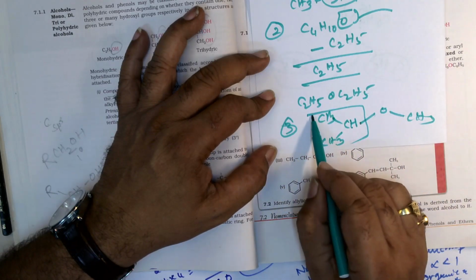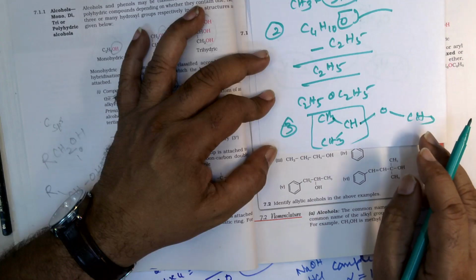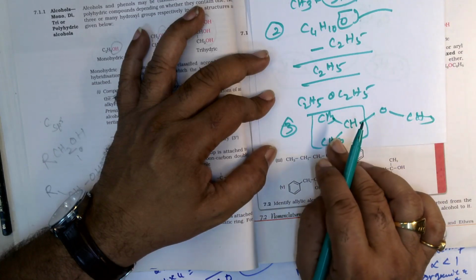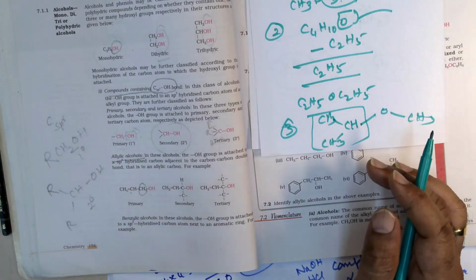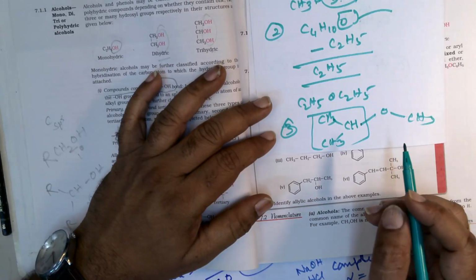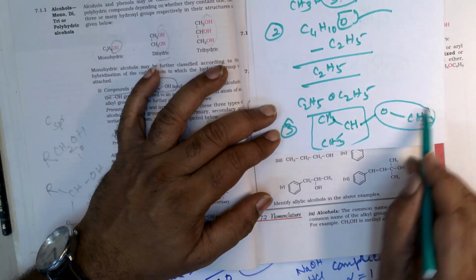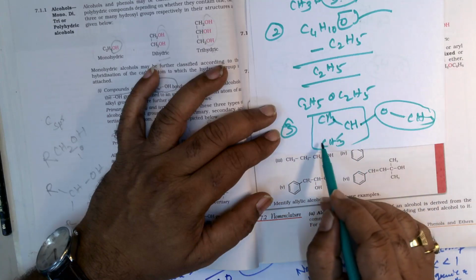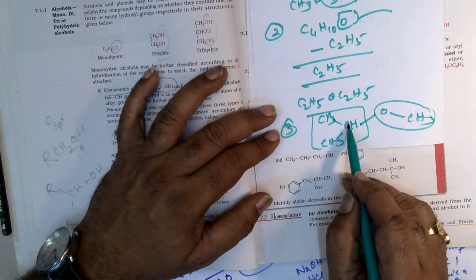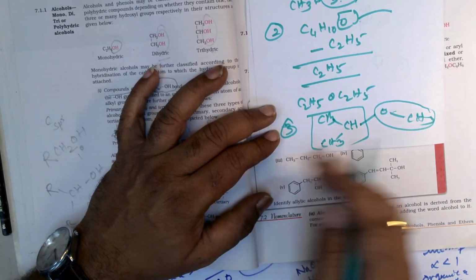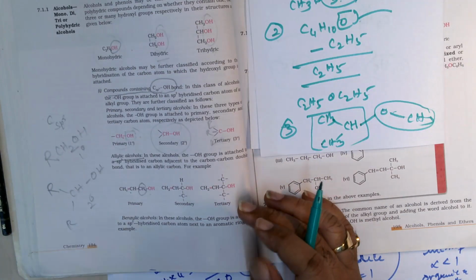This is an isopropyl group, so you can call it methyl isopropyl ether. That is the common name. And what is the IUPAC name? This is the methoxy group, and this is the longest chain, 2-methoxypropane. Right, so this is called 2-methoxypropane.